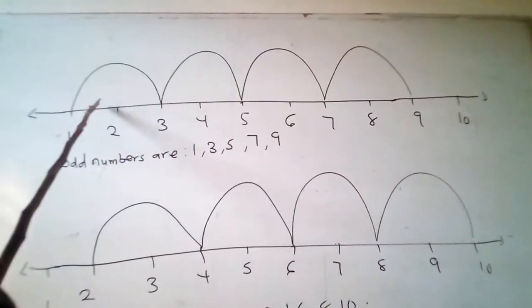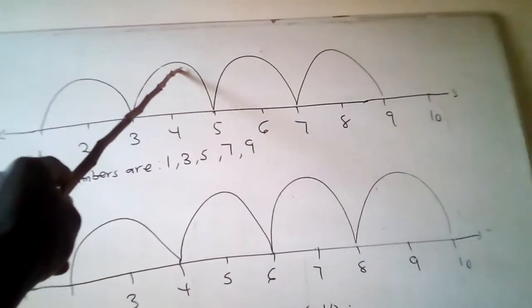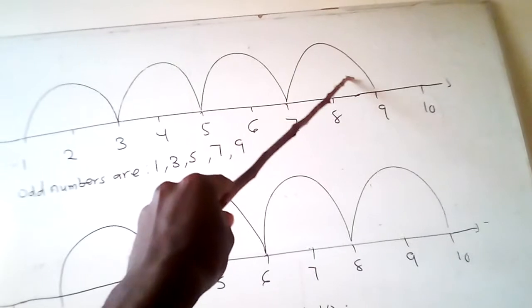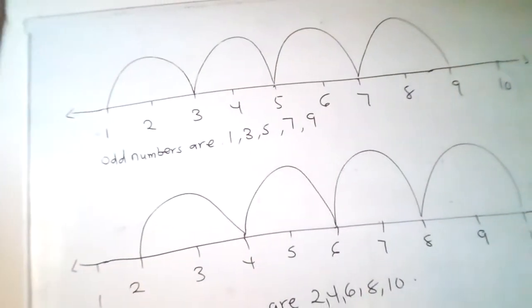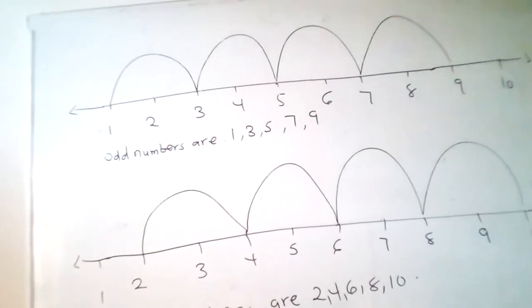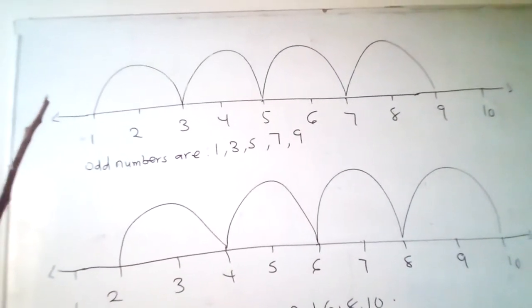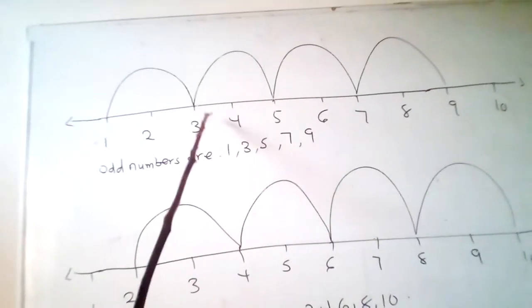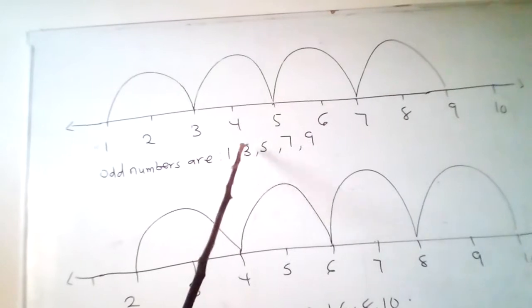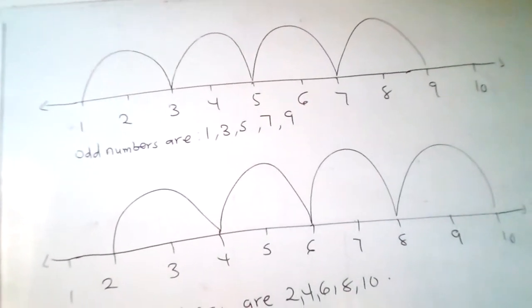When you start from 1 and skip count by 2, you are finding odd numbers. From this number line, the odd numbers are 1, 3, 5, 7, and 9.